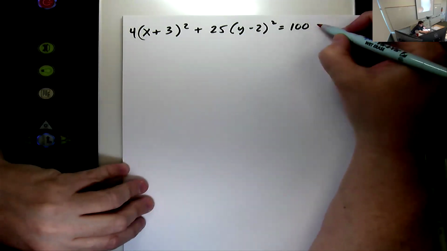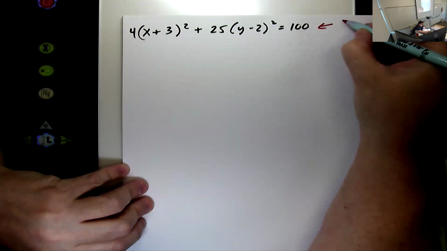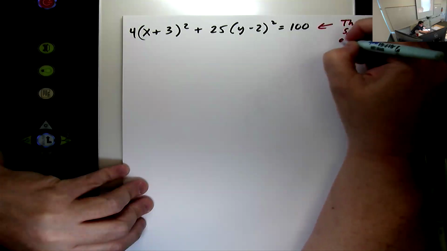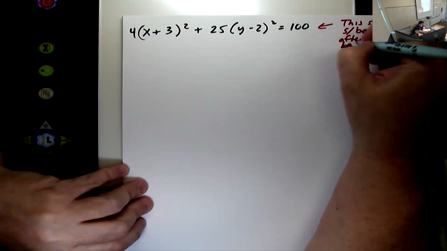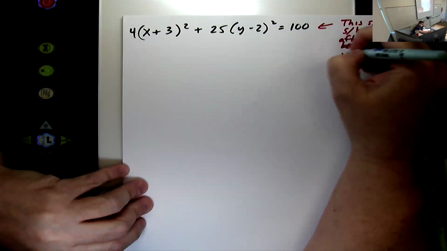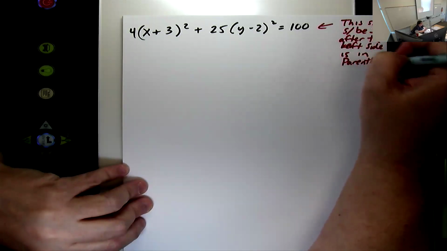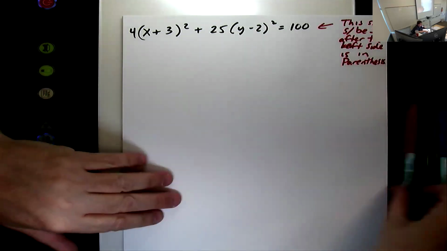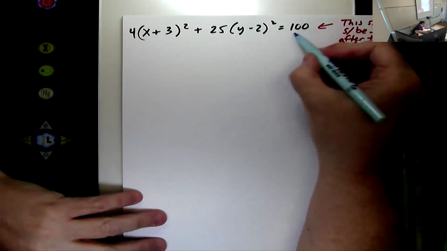For things that aren't circles, like the ellipses and the hyperbolas we're gonna do today, we want this side to equal 1, after the left side is in parentheses. So we're gonna divide by 100.